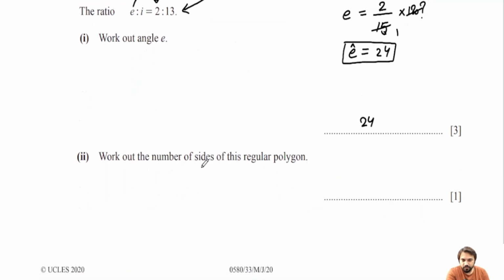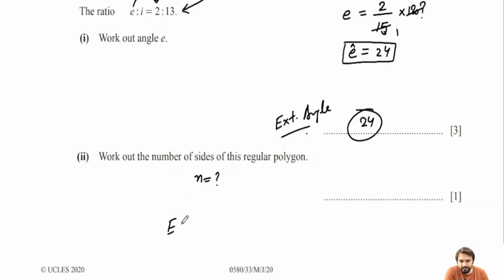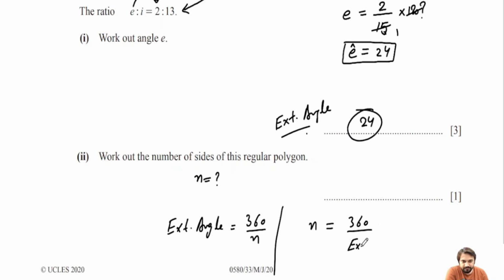Part 2 is work out the number of sides of this regular polygon. So we need to calculate n. We have just found the exterior angle. This is the exterior angle of that polygon. So we already know that the exterior angle is equal to 360 over n. By using this formula, we can calculate n. N is equal to 360 divided by the exterior angle.